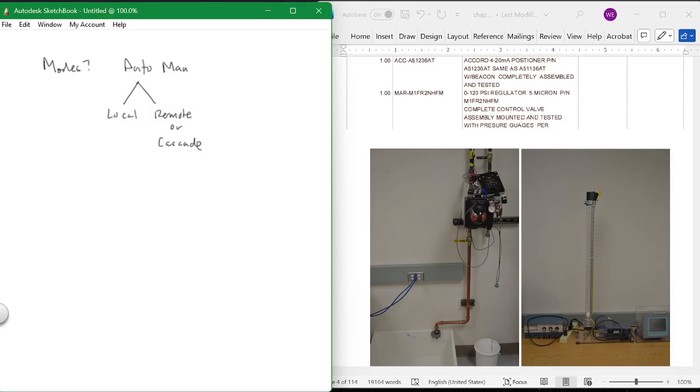And then a few years later, they got the bright idea to move the instrument air supply, and they didn't move the dryer. So when you have instrument air coming in on this pipe and it doesn't have a dryer in front of it, you can get condensate in this line like crazy.